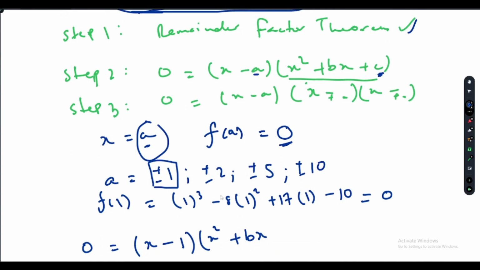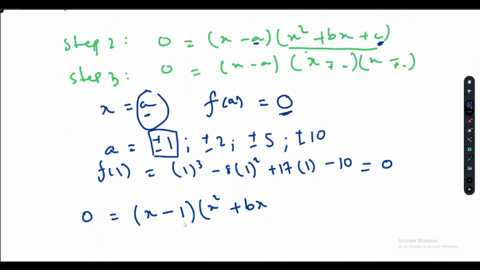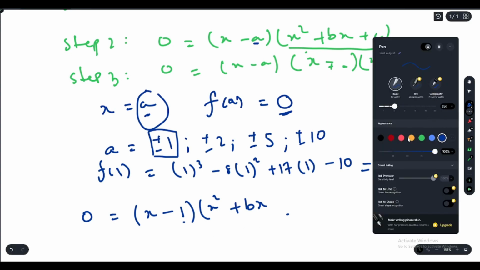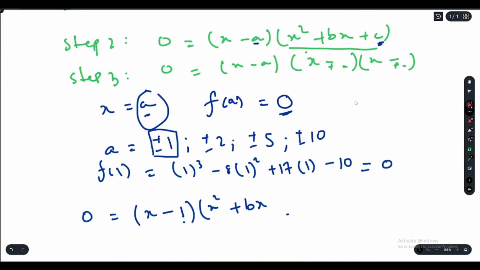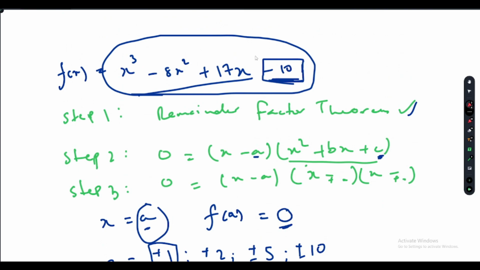So let's consider the two constants that we should have, which is minus 1 and c. If I multiply these two values, and I say to myself, okay, let me multiply minus 1 times whatever c is going to be, this should give me the constant in the original, which is minus 10.